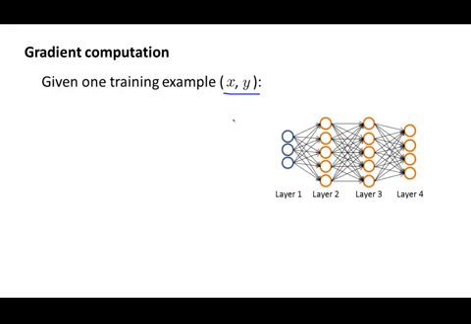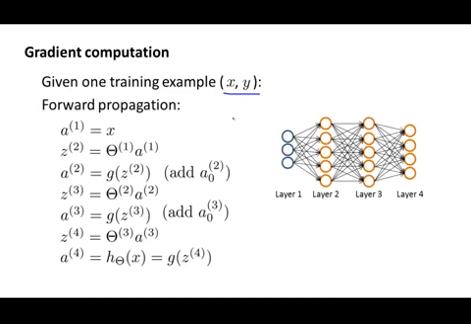The first thing we do is we apply forward propagation in order to compute what our hypothesis actually outputs given this input x. Concretely, recall that a1 is the activation values of this first layer, that is the input layer, so we're going to set that to x. And then we're going to compute z2 equals theta1 a1 and a2 equals g, the sigmoid activation function applied to z2. And this would give us our activations for the first hidden layer, that is for layer 2 of the network.